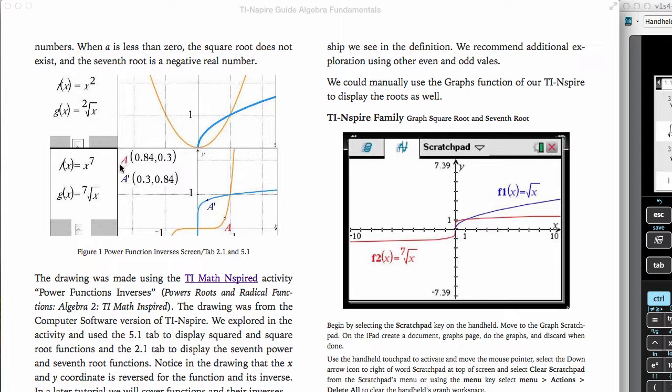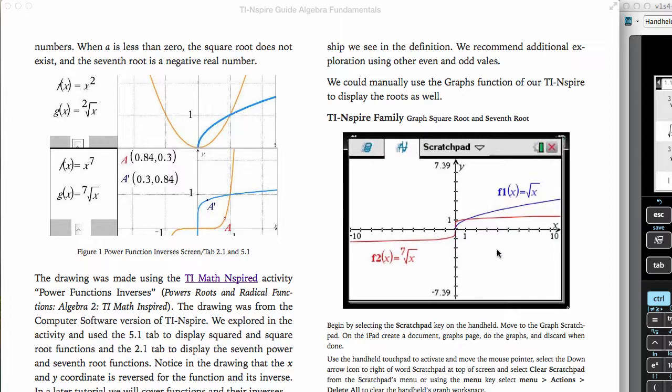But when we move to an odd root, like the 7th root, or raising to the 7th power, the 7th power has both positive and negative answers, and the 7th root will also have positive and negative answers. Up here on the square root, we will not have any negative part to our graph. But for the square, we have answers for both positive numbers and negative numbers.